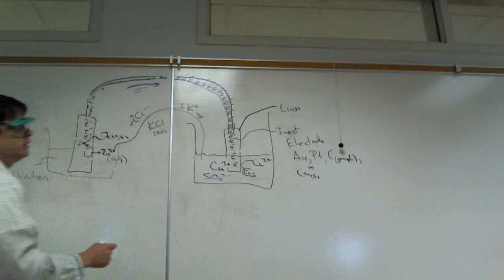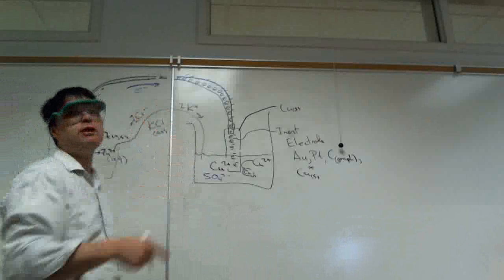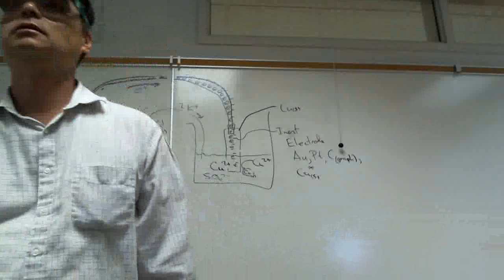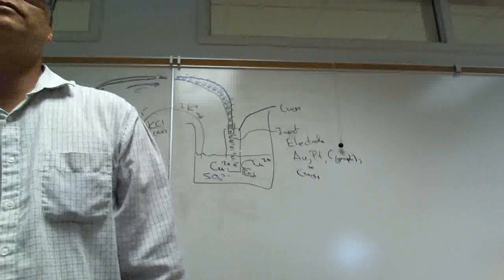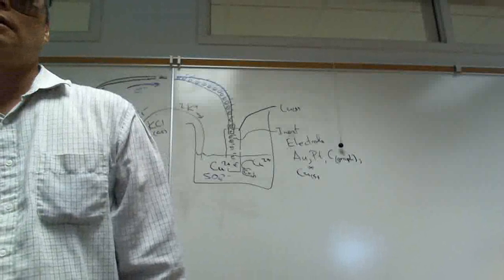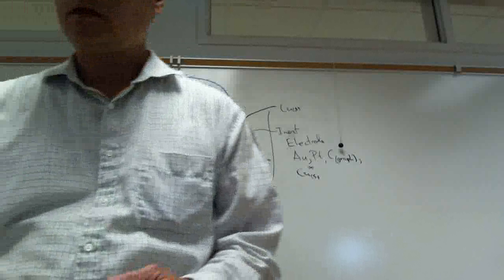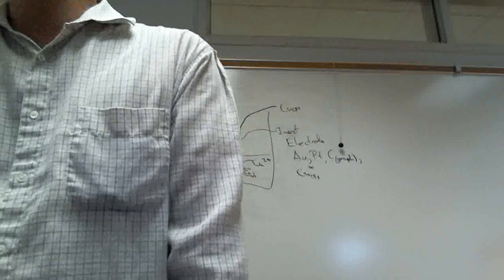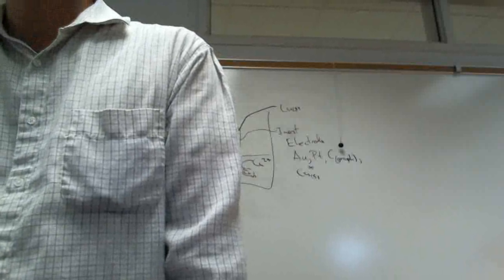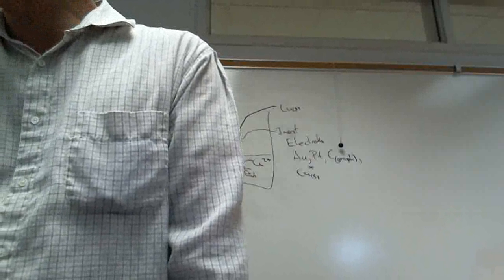And over here, what's causing the electrons to flow? Well, nothing. The electrons aren't flowing now. Why aren't the electrons flowing now? Because the meter is preventing it.